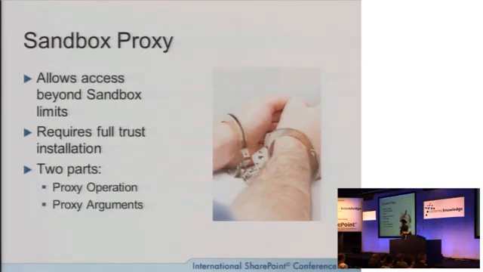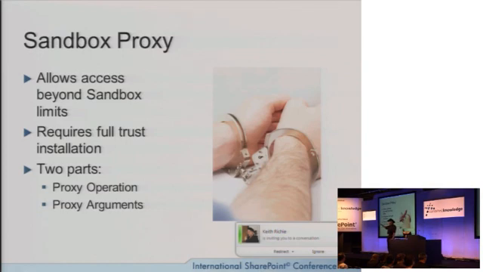Okay, here's the proxy. How it works is actually really simple. If you do need to do a full trust proxy, all of this, by the way, is documented in the PNP guidance. How many people have gotten the SPG PNP guidance for 2010? Okay, a few of you, not very many. Microsoft.com/SPG, SharePoint guidance. We spent a ton of time working on this, building out use cases around BCS and mysterious things like SP Metal and Link and doing stuff for sandbox proxies.